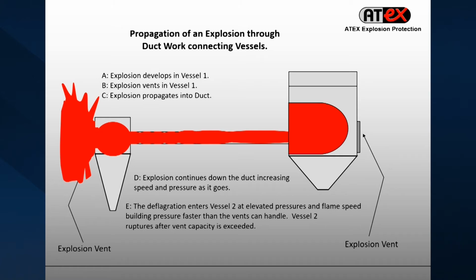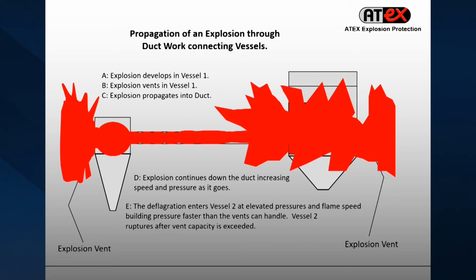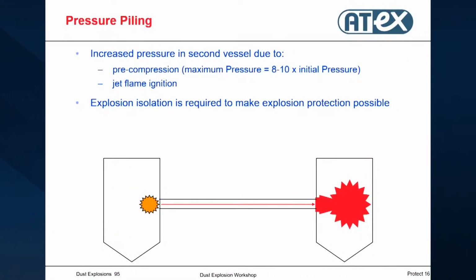It will continue with its 500 meters per second into the second vessel, and that is really a problem. Then no protection method is working anymore because it's all for the same vessel. Therefore, isolate it to make sure that an explosion cannot propagate into it.